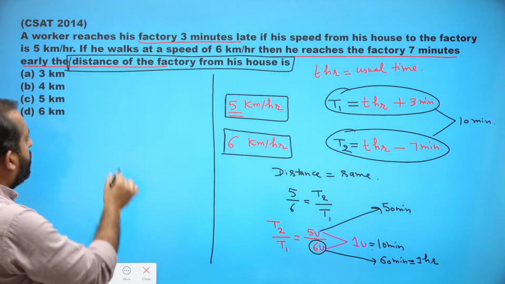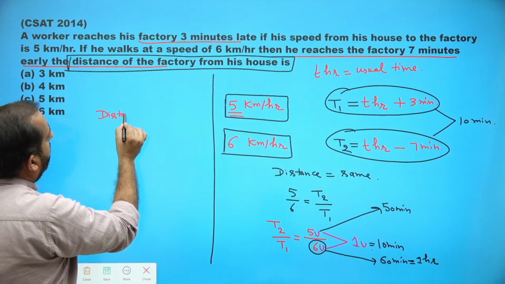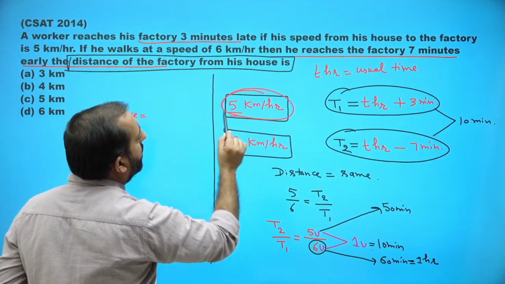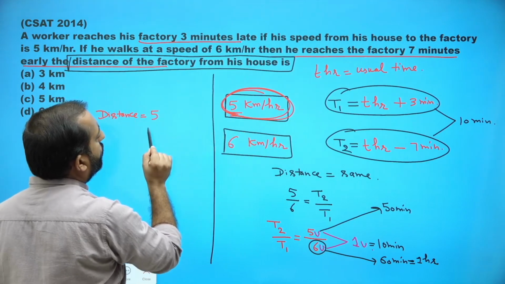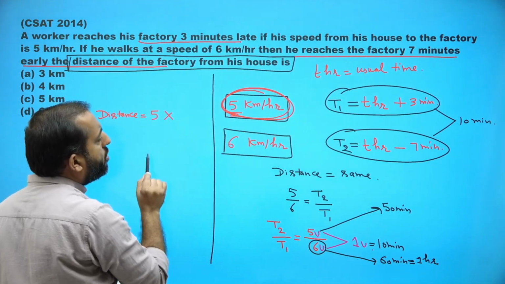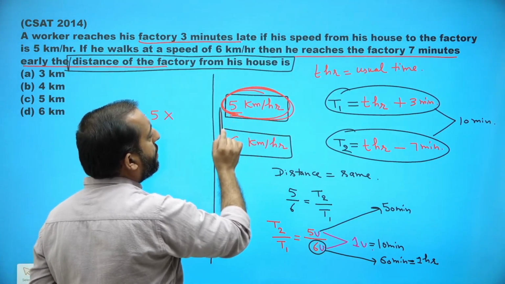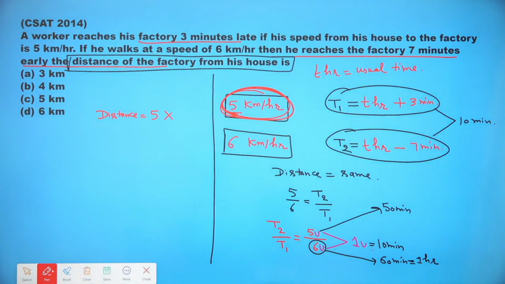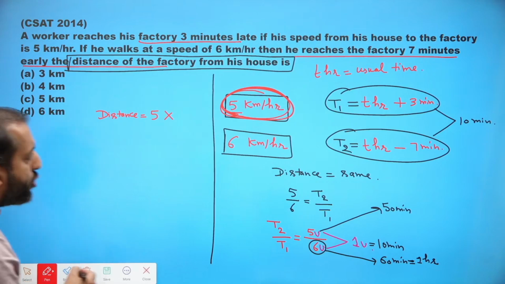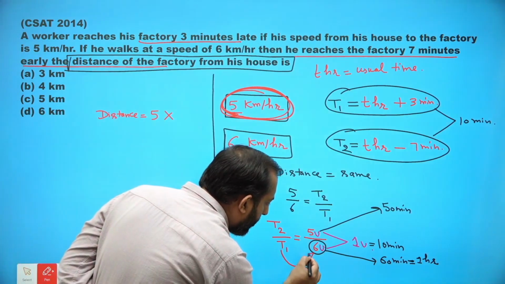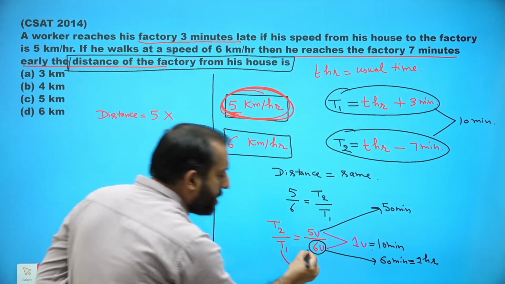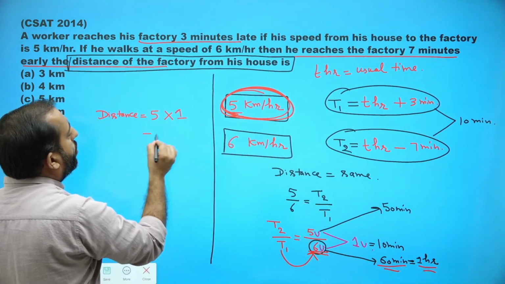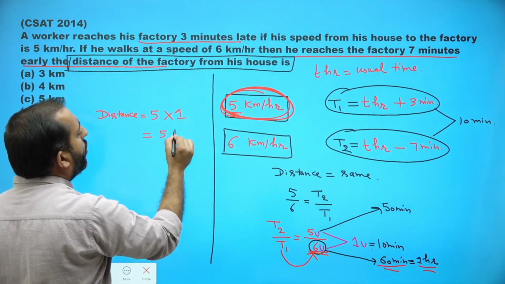So distance should be equal to, if we are using the speed of the first scenario, which is 5 km per hour, then we should use the time of the first scenario, T1, which is 6 units, which is 60 minutes, which is 1 hour. So the distance between his house and factory is 5 kilometers.